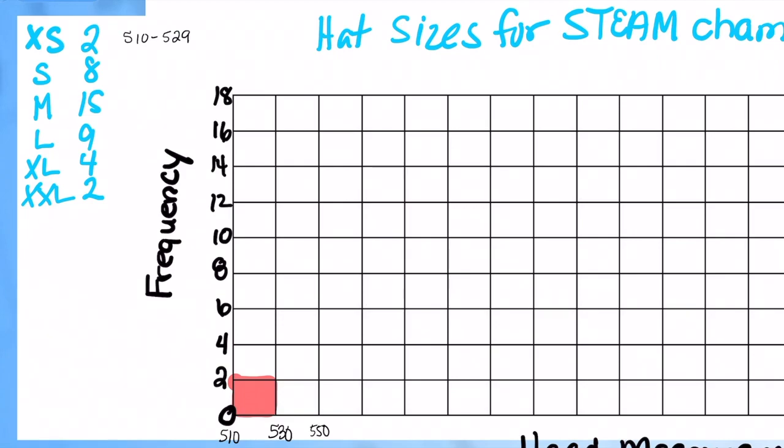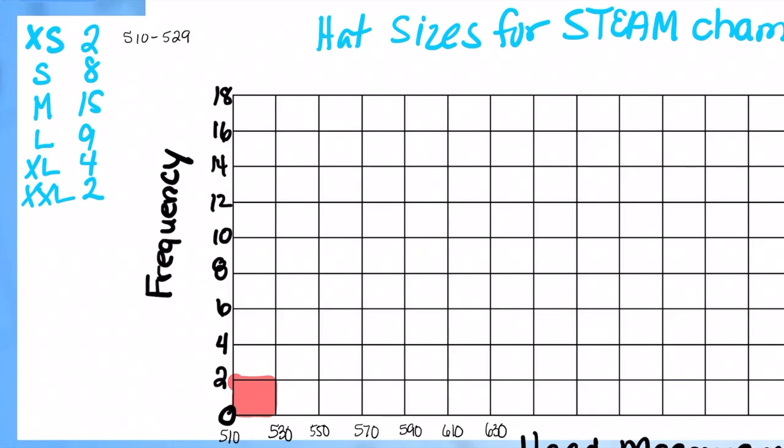After that, it went to 570. Next was 590, and next was 610. And what would have been after that would be 630. So you're going to see all this data really nice and tight in these little boxes.